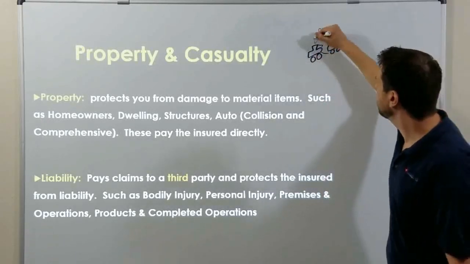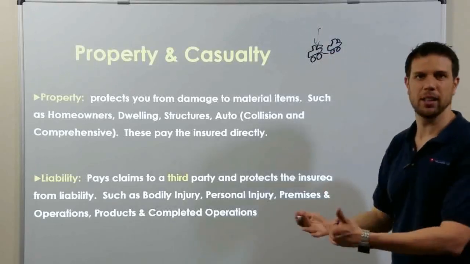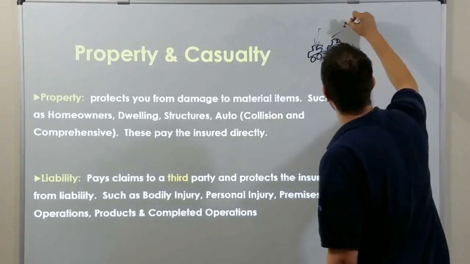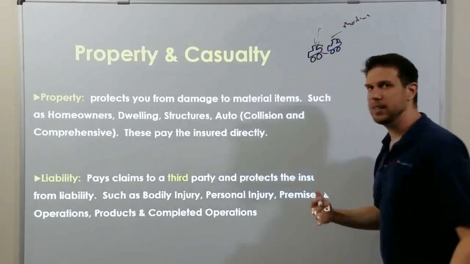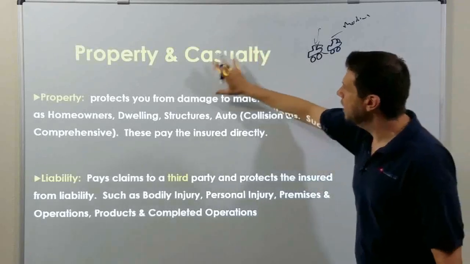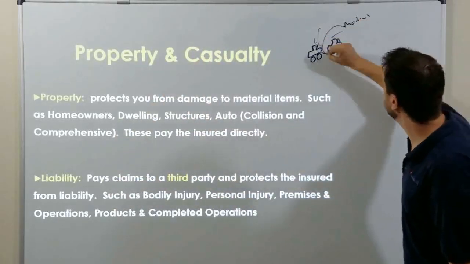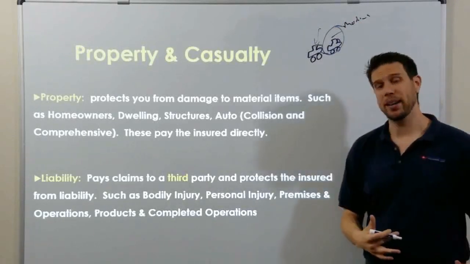Property insurance fixes your car. That's like collision insurance on an auto policy. But this other guy has medical bill damage. He has to be fixed. The casualty, also known as liability portion of your policy, will pay out claims to this guy and cover his medical bills.